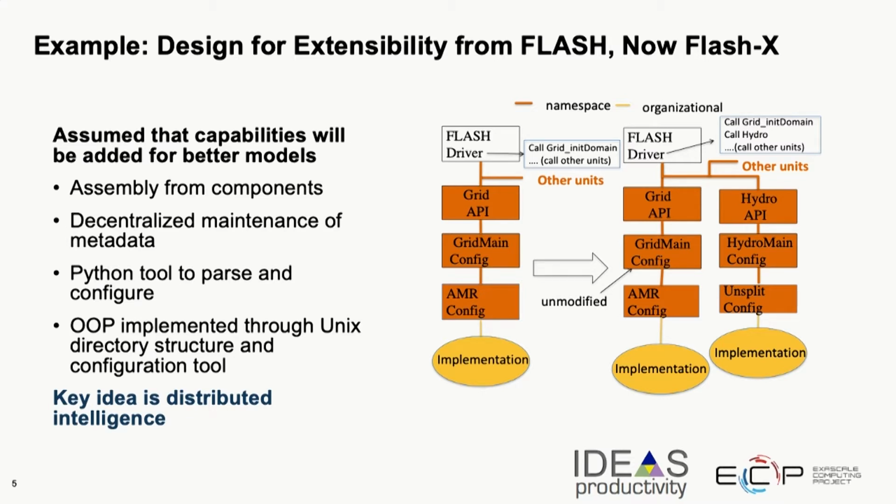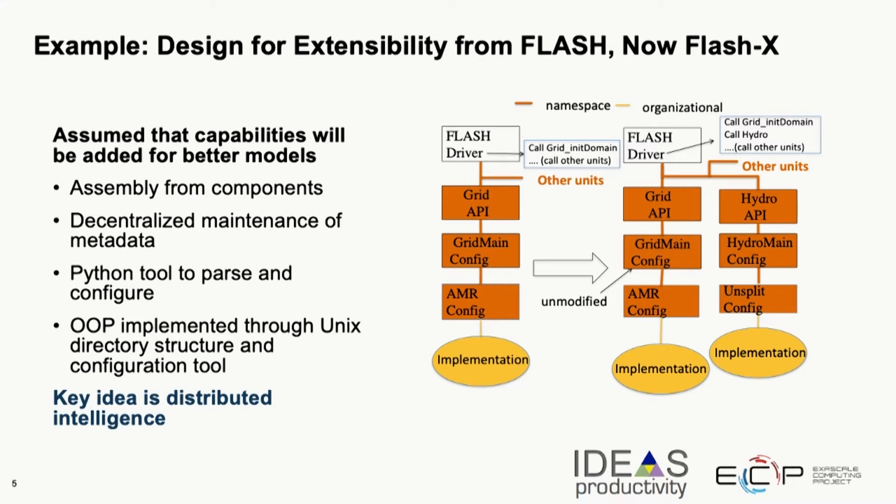So here we have an example. Let's say we are working with a code where we just have a driver which has an API for the grid, which is your discretized mesh and so on, and now we want to add another unit to it which computes shock hydrodynamics. Now this is a totally synthetic example; Flash has had hydrodynamics from the day it was built, but let's say that's what we were trying to do.